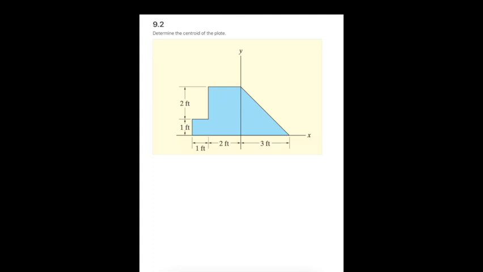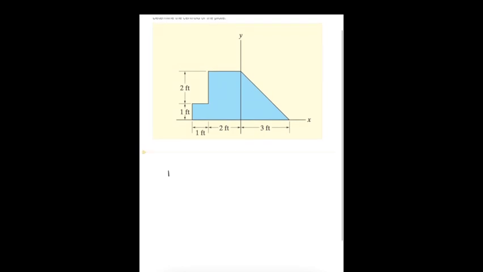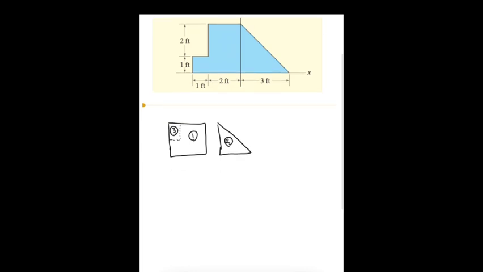So in this example, we have this shape. Again, there are multiple ways we could break this up, but the way I'll break this up is by looking at this as a square and a triangle with a rectangle cut out of the square. So I'll call this shape 1, shape 2, and shape 3.